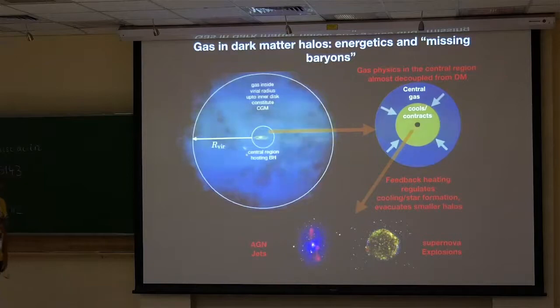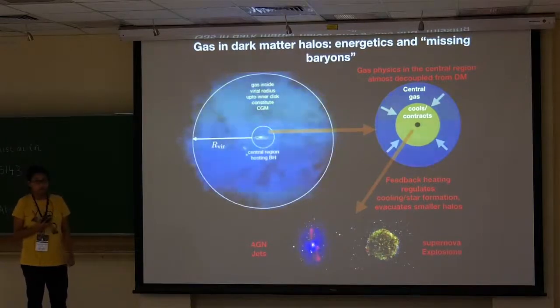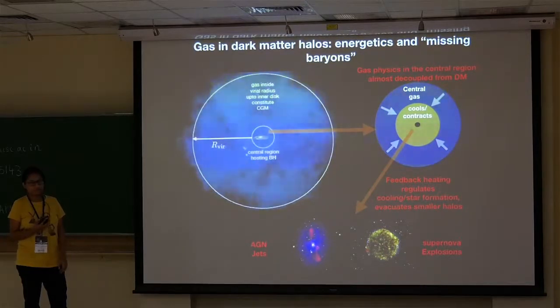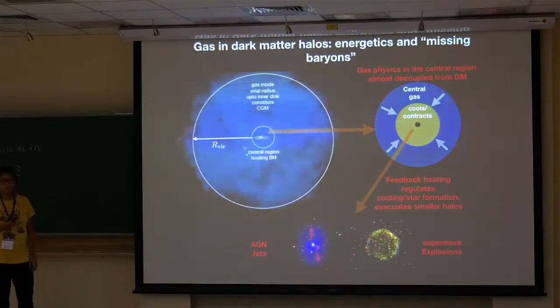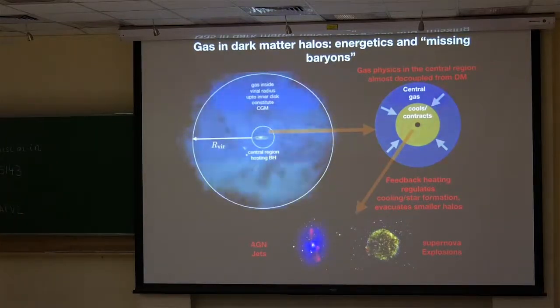And as we heard in a lot of talks yesterday, these feedback processes throw away a lot of gas from the central regions of the halos, particularly the lower mass halos, where we see a lot of baryons missing. In the ICM, in the clusters, this effect is not that predominant, but in the smaller mass halos in the CGM, almost more than 50% of the baryons are missing.